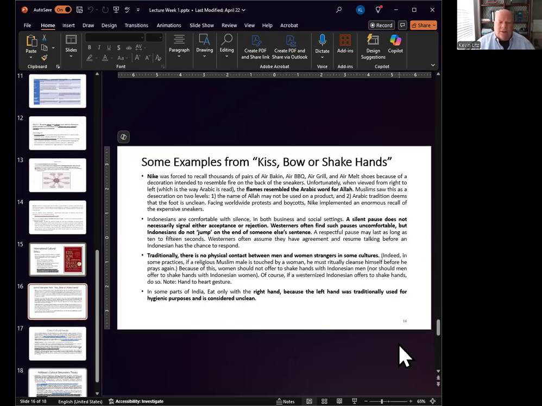Here are some examples. I'll let you read through, but basically, Nike made a really, really bad move in countries that used Arabic. I'll let you read through that. In Indonesia, there are some things like this about pauses, et cetera. But these are just some examples of the local culture.